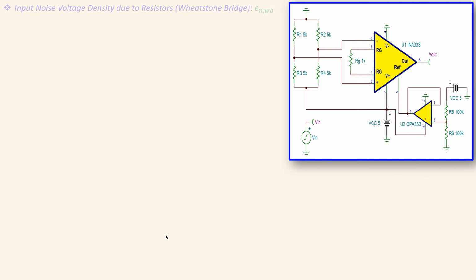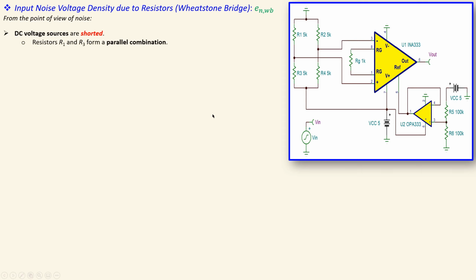Okay. Now, if I move on and start with the input noise voltage density due to the resistors, so this is the Wheatstone bridge. Looking from the point of view of noise, the DC voltage sources are shorted. So actually all the voltage sources are shorted. That means R1 and R3, if this is short, will be a parallel combination.